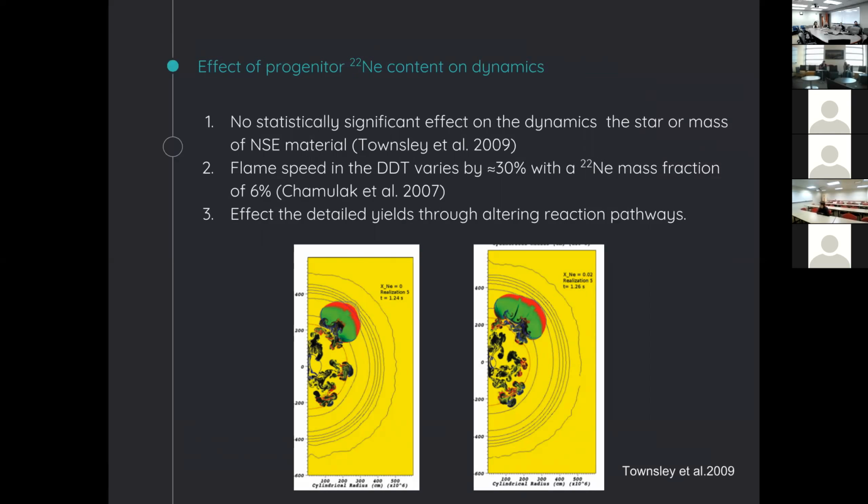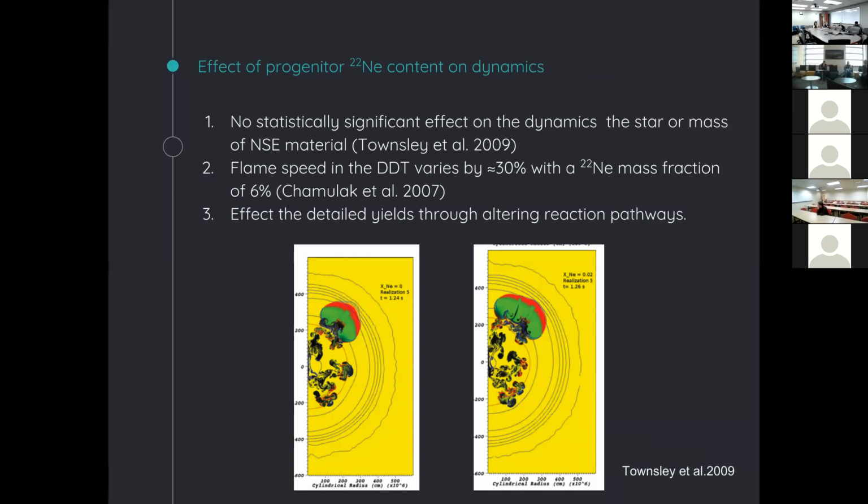Okay. So the effect of progenitor neon-22 content on dynamics, as I mentioned earlier, because we changed the neon-22 content after the models are produced, the compactness of our white dwarfs is not correct. Work by Townsley in 2009 suggests that there's no significant effect on the dynamics of the star or the mass of the NSE material produced.